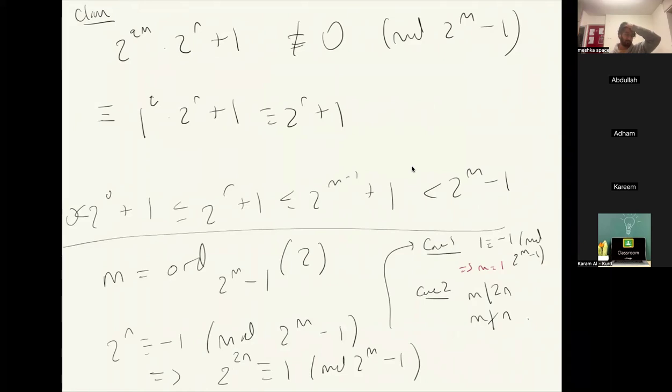Does it mean m divides 2? I think it means 2 divides m, right? Is that right? Because, for example, we can give a simple example: 6 divides 2 times 3, but 6 does not divide 3, right?